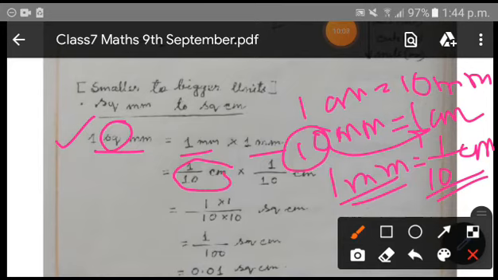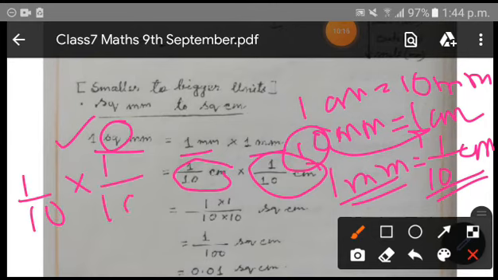Now again you have 1 millimeter, so again you write 1 by 10 centimeter. Now 1 by 10 multiplied again with 1 by 10: 1 into 1 is 1, and 10 into 10 means 100. So you have 1 by 100 square centimeter.